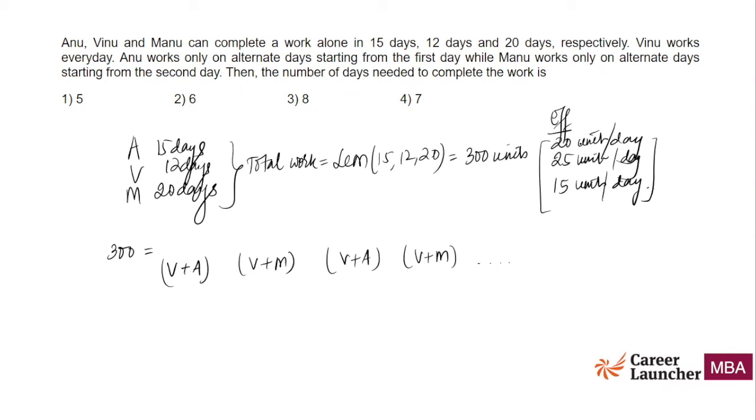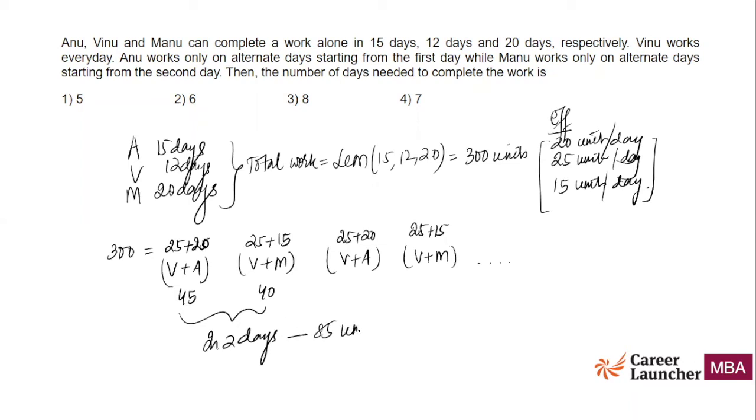Okay, so how much work will Vinu do? So this is 25, Anu's is 20. Second day, 25, sorry, 25 plus 20, and then 25 plus 15. Again, 25 plus 20, and then 25 plus 15. So this is going to be 45, and then this is 40. So in 2 days, they are going to do 85 units.